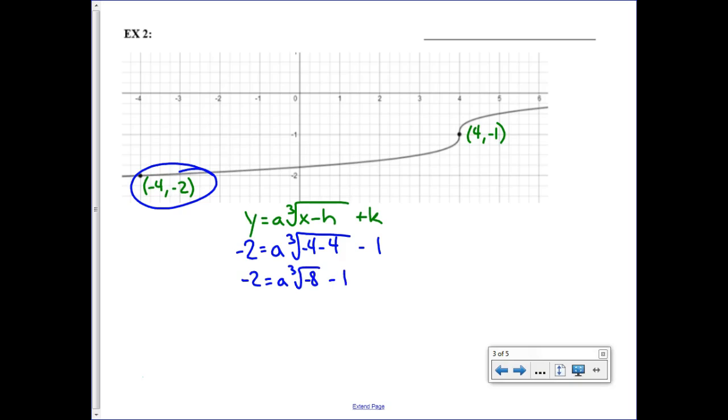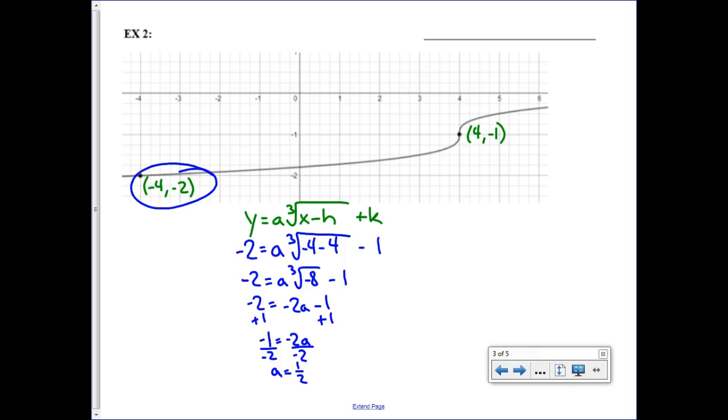Well, the cube root of -8 would be -2. So -2a minus 1. I'm going to add 1 to both sides. So I get -1 is equal to -2a. Divide by -2 on both sides. I promise they don't always end up as 1/2, but this one did end up as 1/2 again.